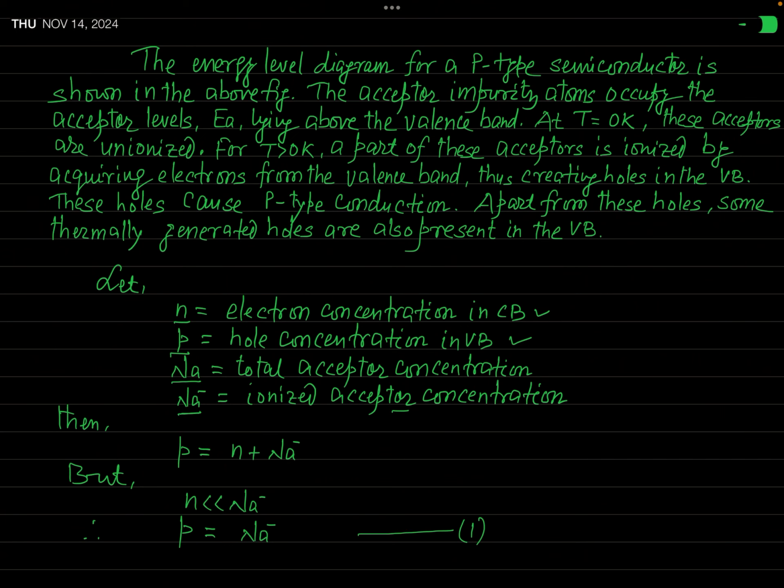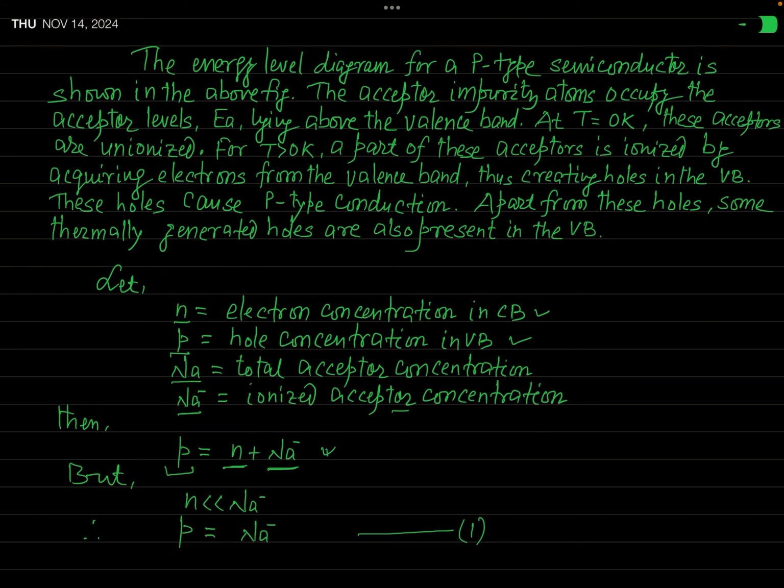So you can see the concentration of holes in the valence band is simply equal to the concentration of electrons in the conduction band plus the concentration of ionized acceptor atoms, or you can say the concentration of negatively charged ions in the acceptor level.